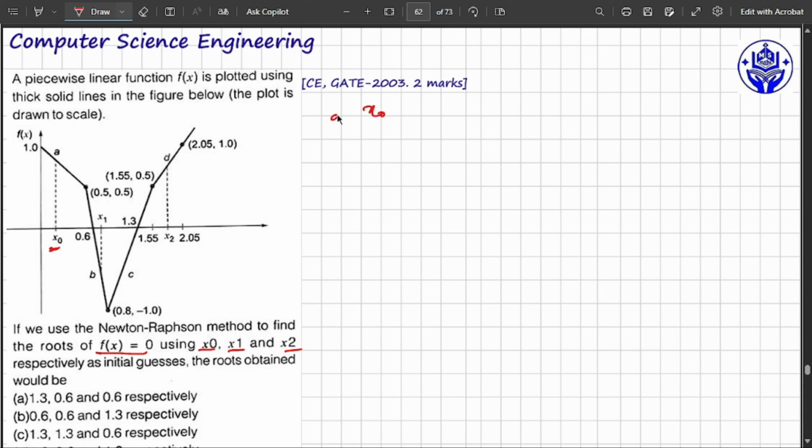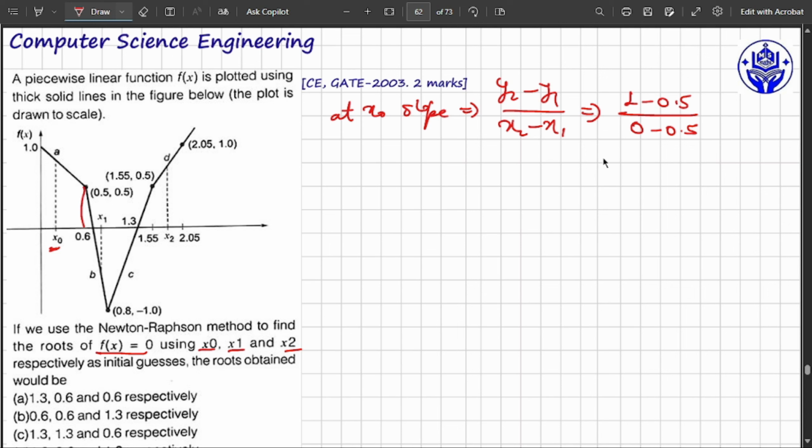At x0, what is the slope? y2 minus y1 upon x2 minus x1. It is 1 minus 0.5 divided by 0 minus 0.5.